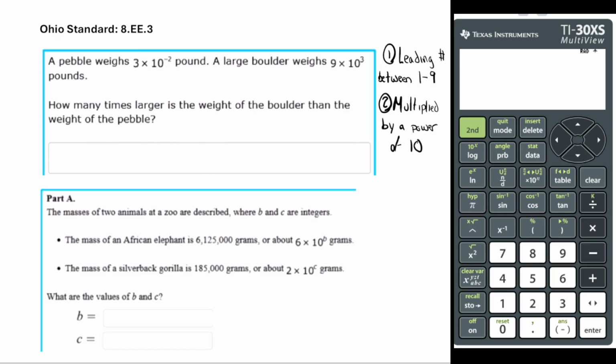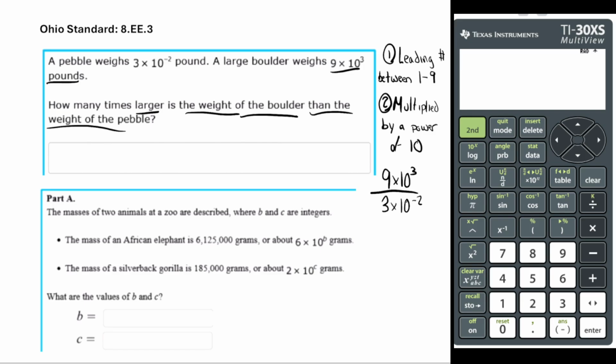How many times larger is the weight of the boulder? So what's the weight of the boulder? 9 times 10 to the 3 pounds. So we're going to put that in. Then over the weight of the pebble, which is 3 times 10 to the negative 2 pounds.